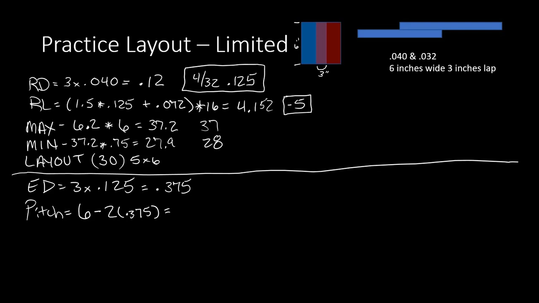So 6 minus 2 times 0.375, I get 5.25. Divide by 1 less than the number of rivets. The bigger number going across, 6 inches, I'm going to use the bigger number in my layout, so I'm going to use the 6 for my number of rivets going across. So I'll be dividing by 5, and I'll get 1.05.